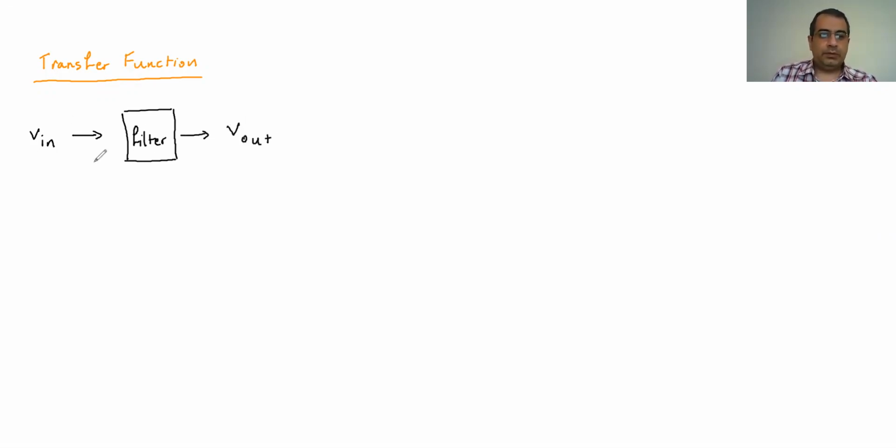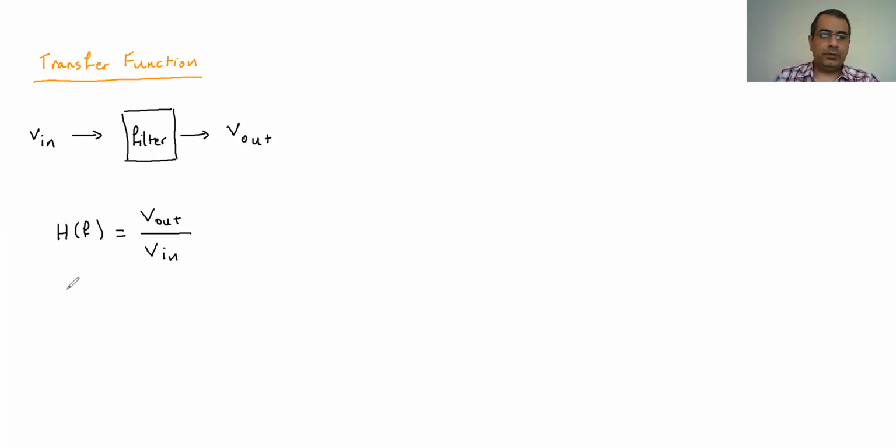So we have an input signal, the filter does something on that signal, and then it gives an output. The transfer function, which we write in the frequency domain as a function of frequency, is the ratio of these two signals in the frequency domain: whatever is coming out compared to whatever is going in. So if we know the ratio of these two, this is going to be our transfer function.